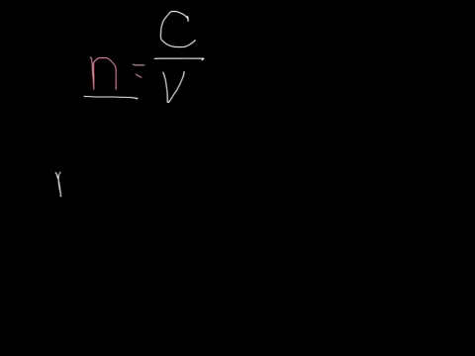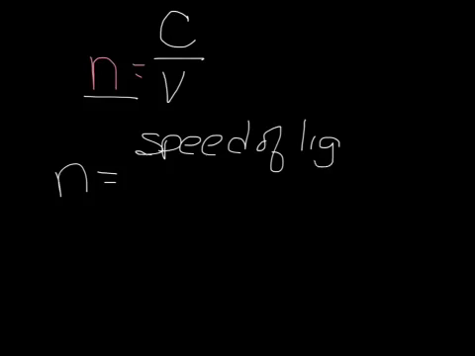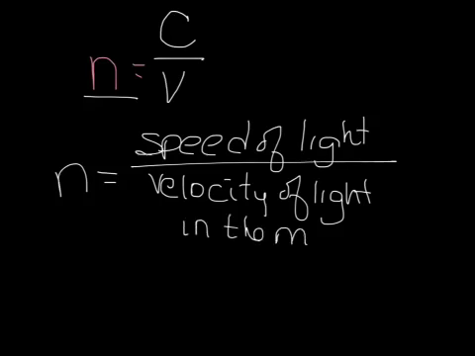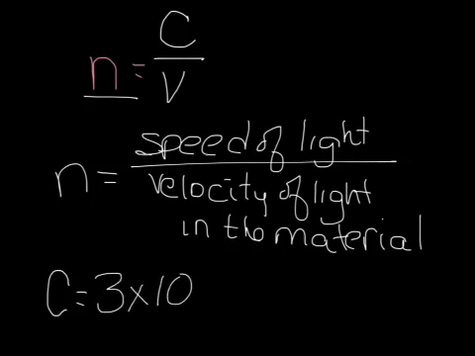So N is equal to the speed of light divided by the velocity of light in the material. And we know the speed of light is 3 times 10 to the 8th meters per second.